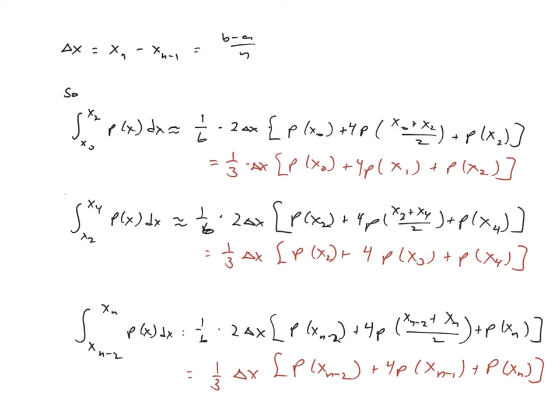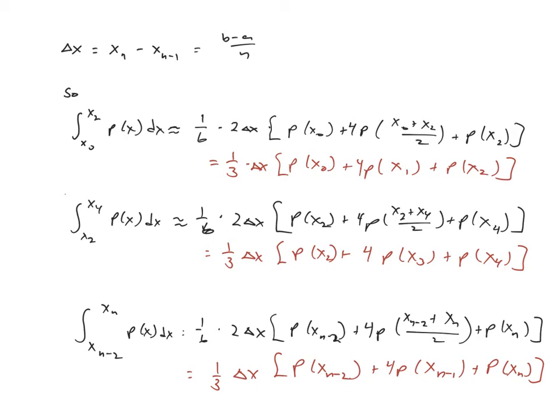Now notice also what happens when I go through and add these up. I have a common factor when I add all these things in red up. That is the 1/3 times delta x. That can be pulled out. And the other thing I want you to notice is that when I add this one here to this one, I will get 1/3 times delta x times p of x0 plus 4p of x1, but now with the p of x2, that's occurring twice.